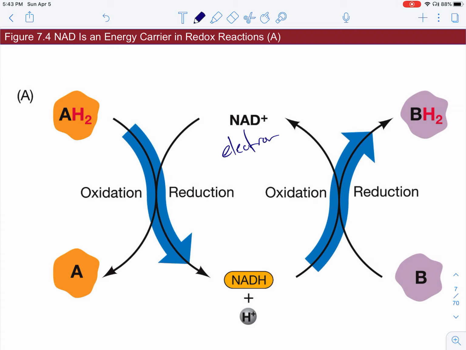like NADH. Now, in photosynthesis, we use the electron carrier NADPH in order to carry those electrons. So similar basic construct there.